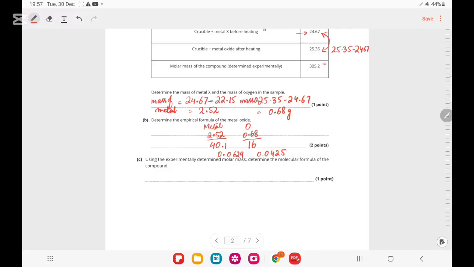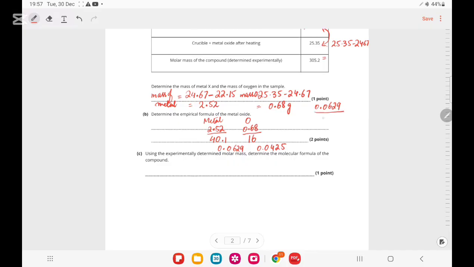The next step is dividing by the smallest amount, which is 0.0425. So 0.0629 divided by 0.0425, and 0.0425 divided by 0.0425, and the ratio comes out to be 1.5 to 1.